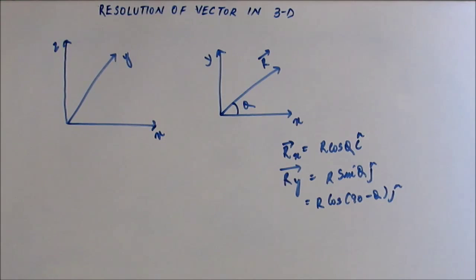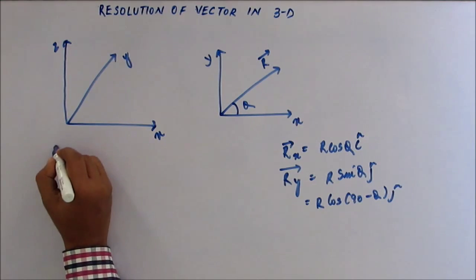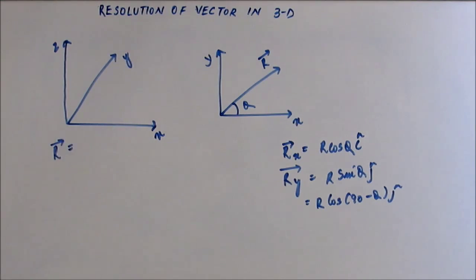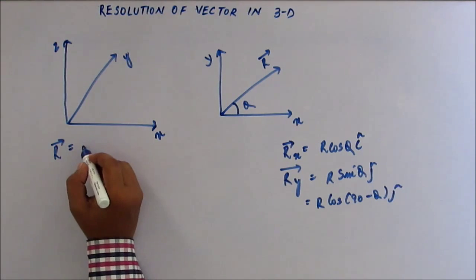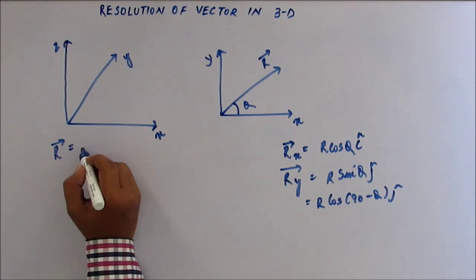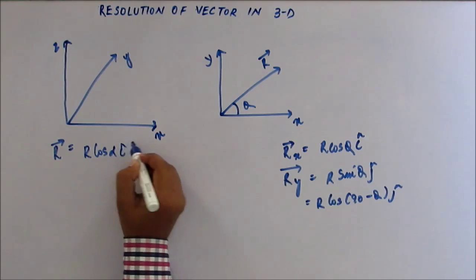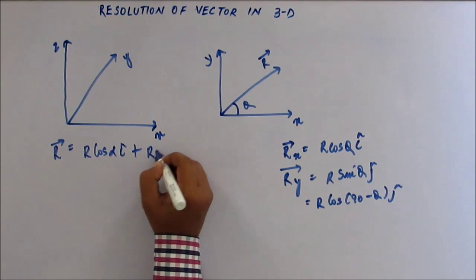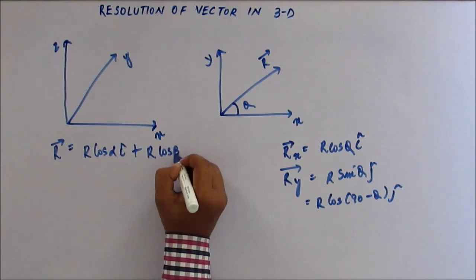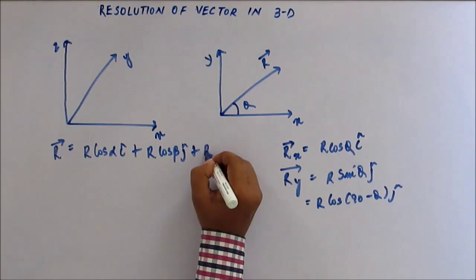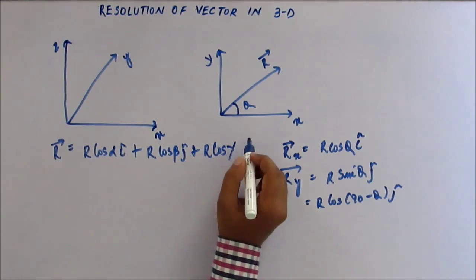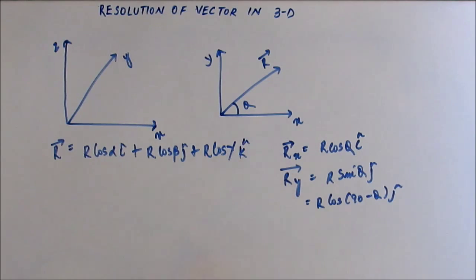So if we have a vector r, and we know the angles between the vector and the axes, then that vector can simply be written as r cos alpha i cap plus r cos beta j cap plus r cos gamma k cap. There is nothing new here.